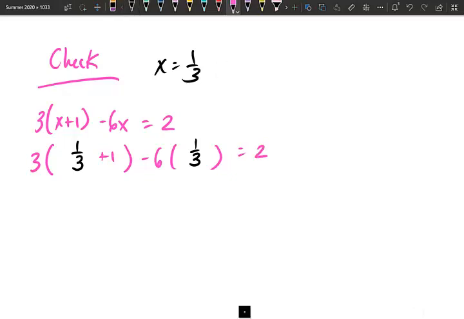We're going to distribute. The reason why we're going to distribute, you'll see when we do it. So 3 times 1/3, that cancels out, so we're left with 1. 3 times 1 is 3. Minus, so 6 times 1/3, so 6 divided by 3 is 2, equals 2. Combine like terms, so 3 plus 1 is 4, and 4 minus 2 is 2.